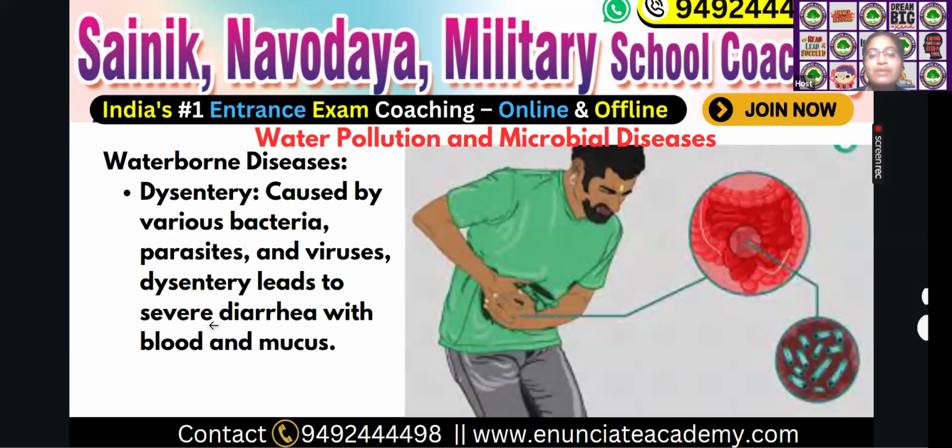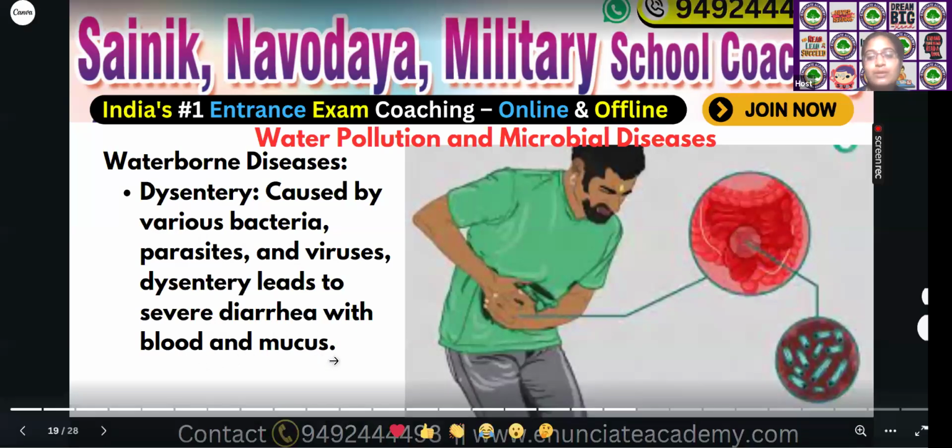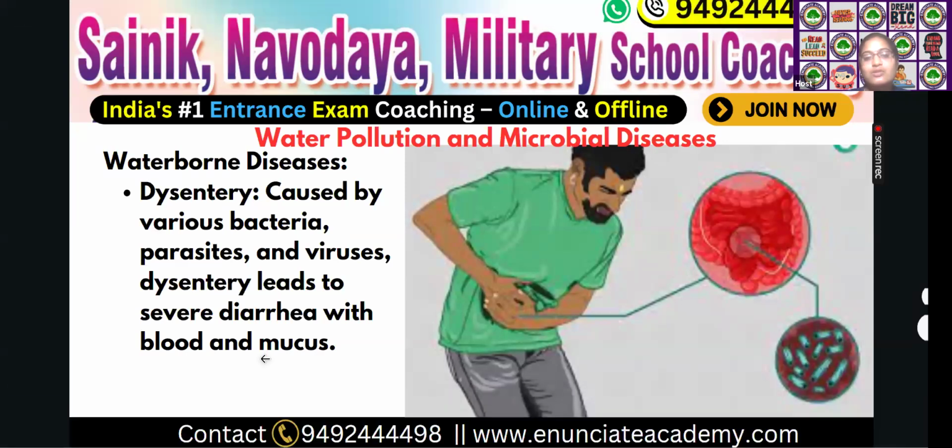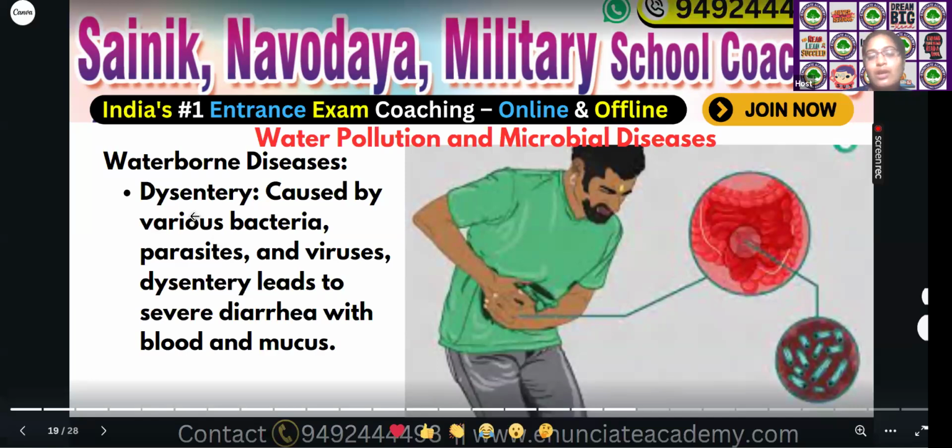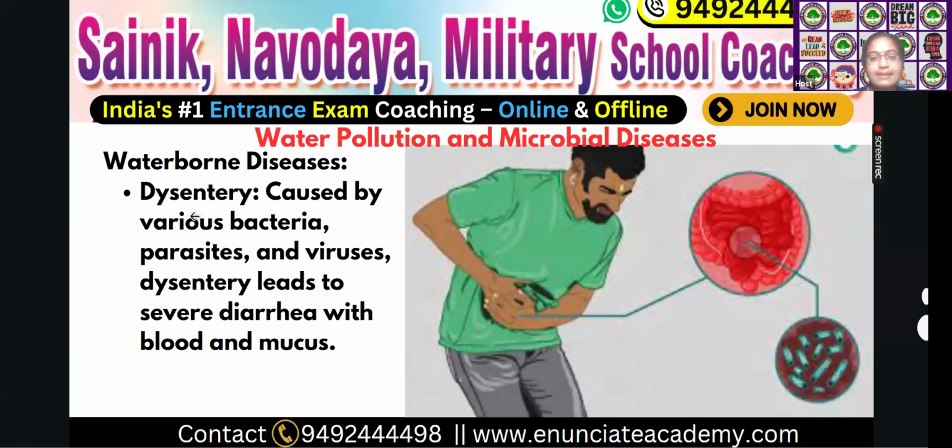Dysentery leads to severe diarrhea, which means loose motions, with blood and mucus. So dysentery is one of the waterborne diseases, caused by various bacteria, viruses, and protozoa. What are the symptoms? Severe diarrhea.